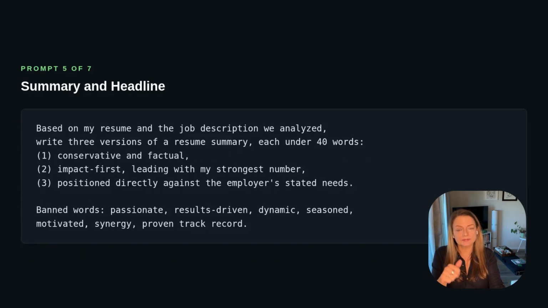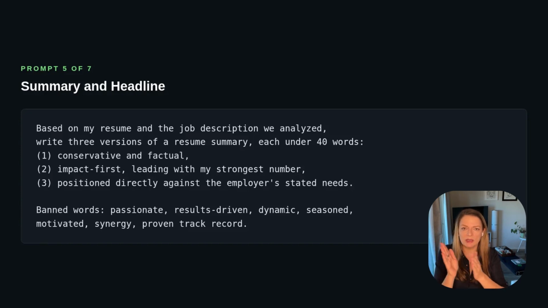Prompt number 5, summary and headline. Here's the prompt. And banned words are passionate, results-driven, dynamic, seasoned, motivated, synergy, proven track record, and any banned words in here that you personally don't like putting on your resumes or ever seeing anywhere.